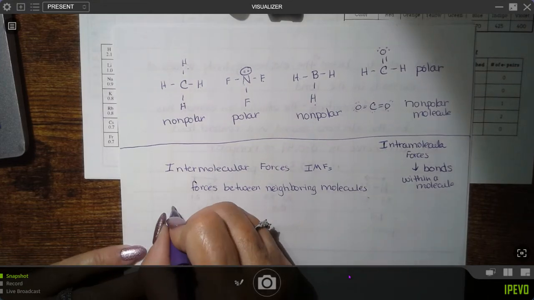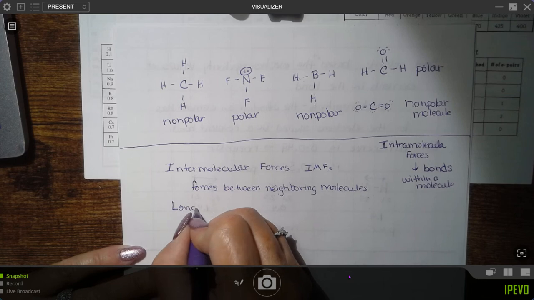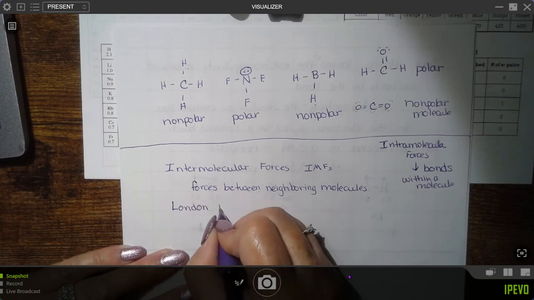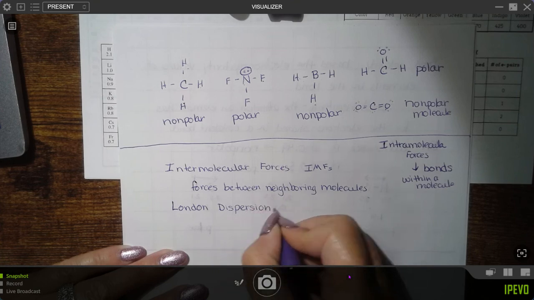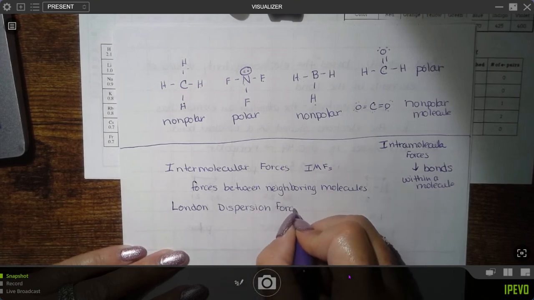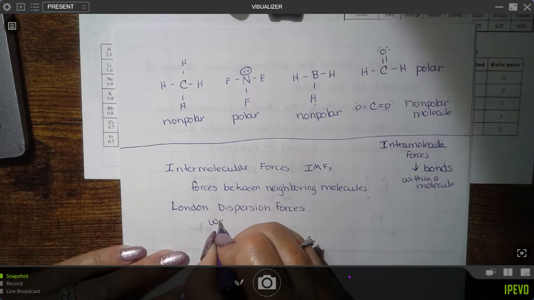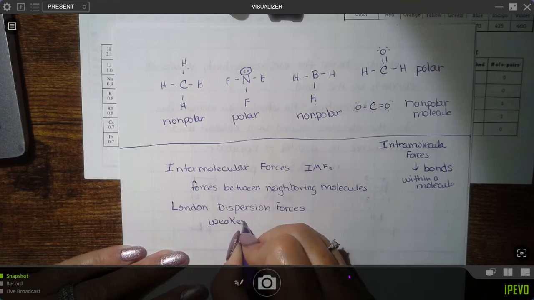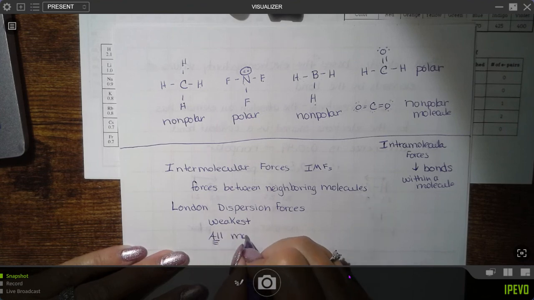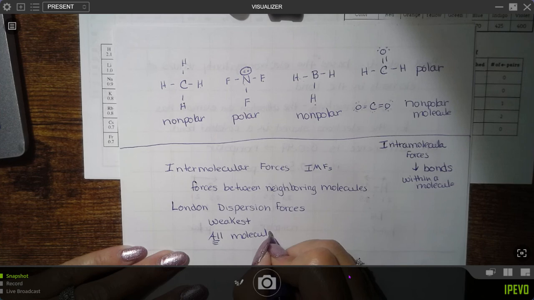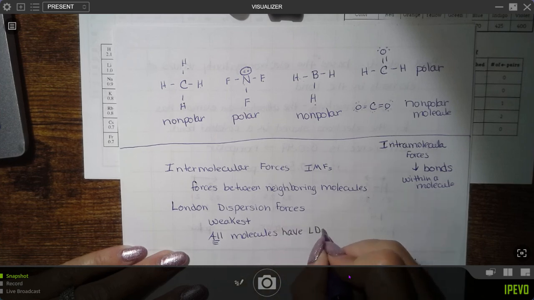We have London dispersion forces. These are the weakest of the IMFs. All molecules have London dispersion forces.